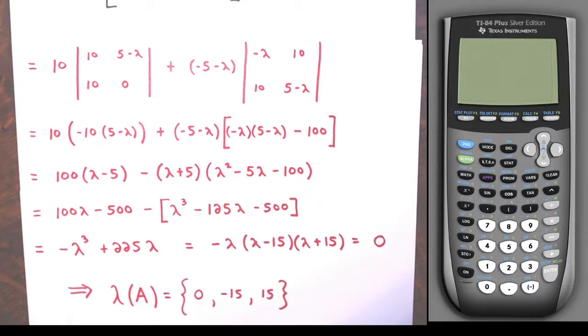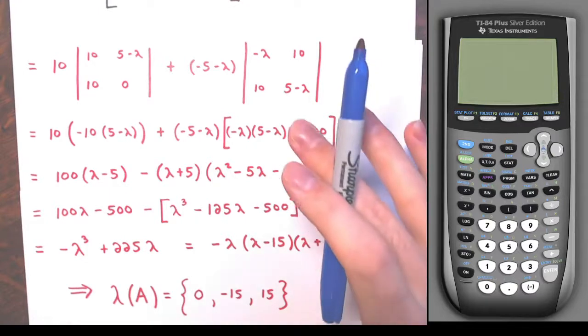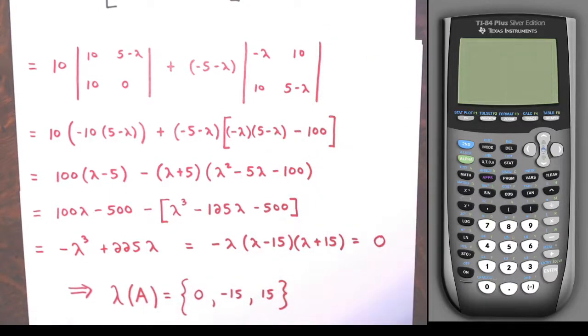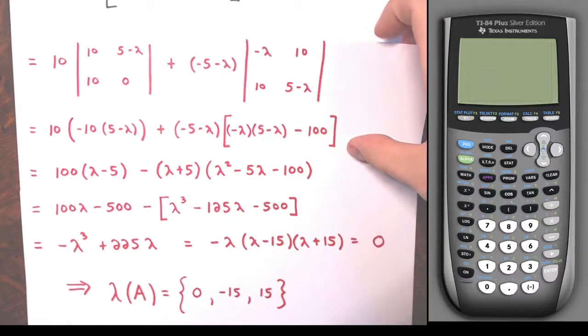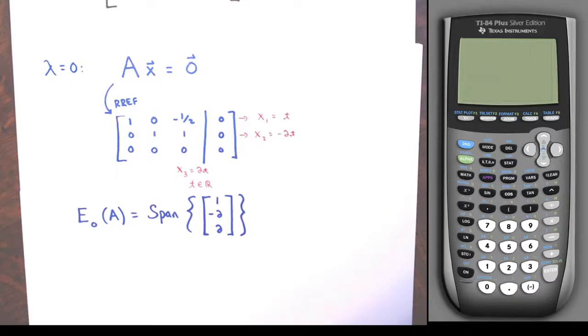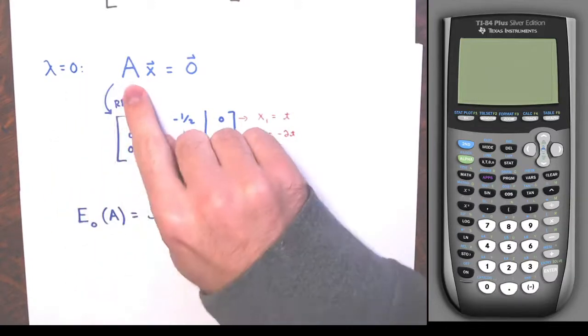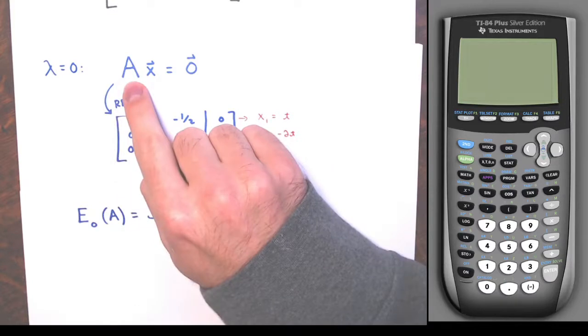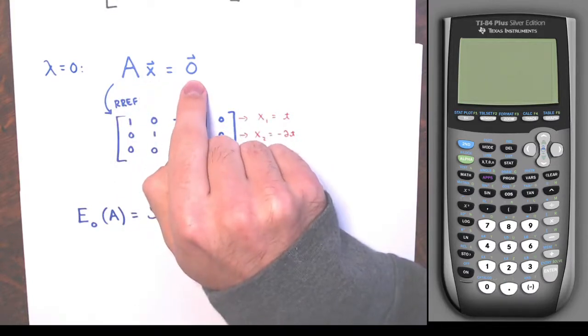Alright, so I'll keep this up here. You can pause it, look over it, write it out if you wish. Then for lambda equals 0, I found the eigenspace. For lambda equals 0, I was solving A minus 0I, or just A, times x equals the 0 vector.